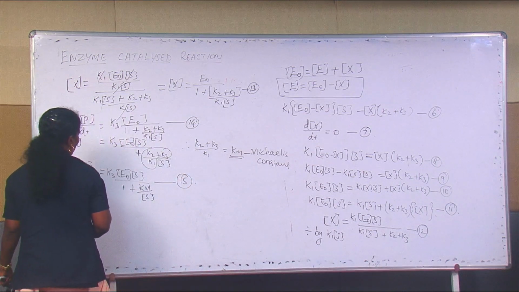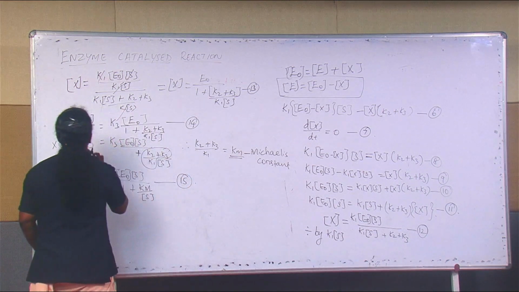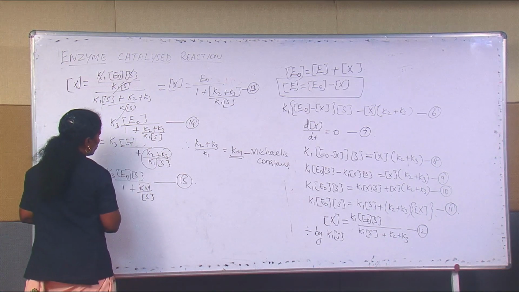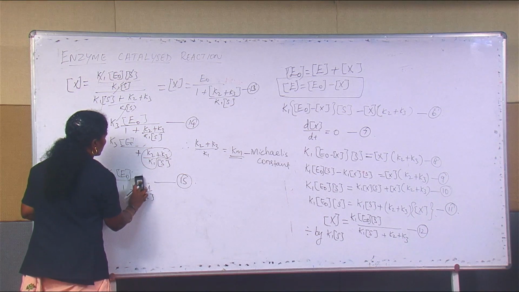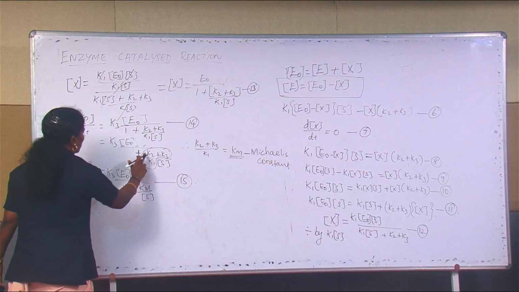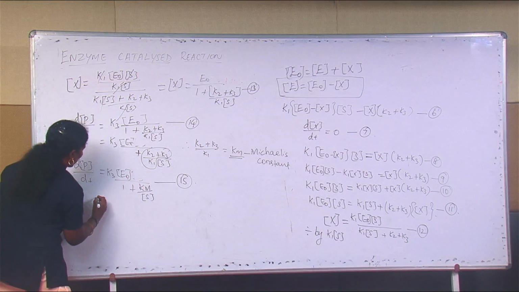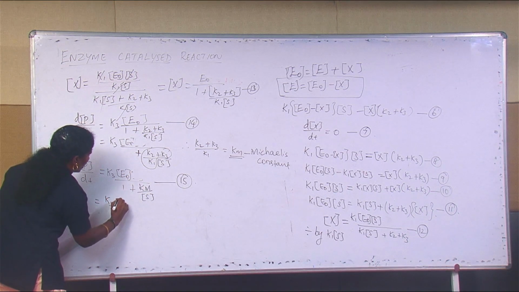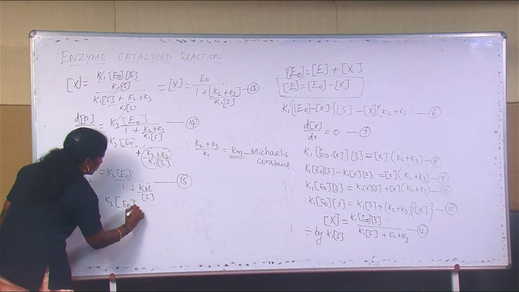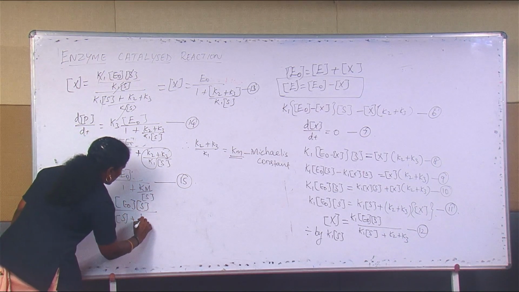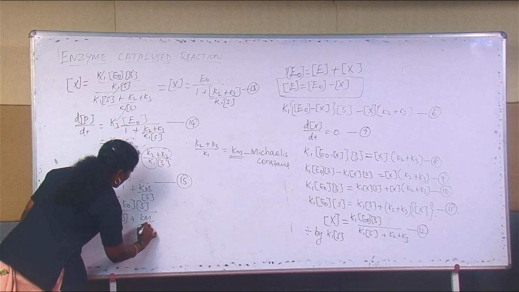Now we are going to multiply by S for this step only. So equation 15, multiplying by the substrate, we get equation number 16, K3 E0 S divided by S plus Km.